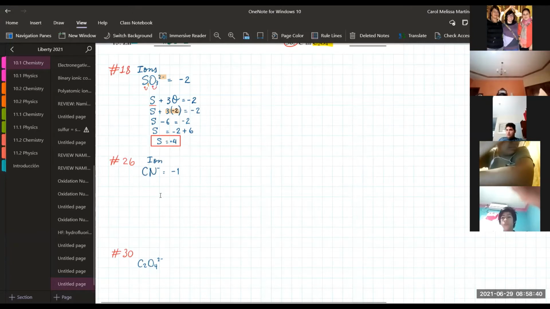Because if you take a look in the periodic table, carbon can be plus or minus 2, 4, and nitrogen can be plus or minus 3, 5, and I don't know if 7, probably. All I'm saying is that the two of them, carbon and nitrogen, both have multiple choices.